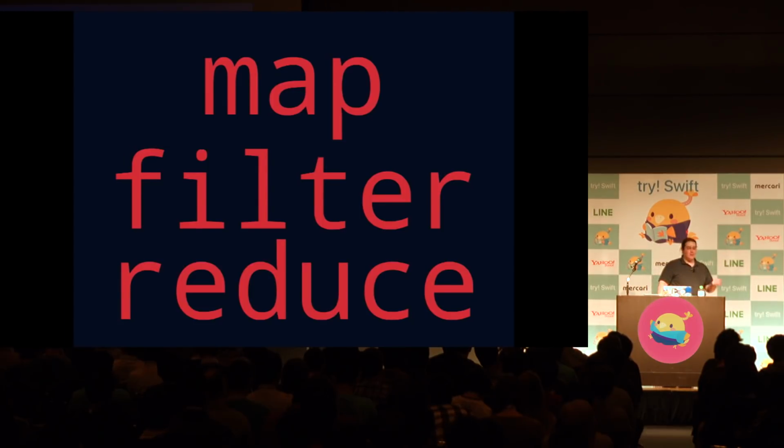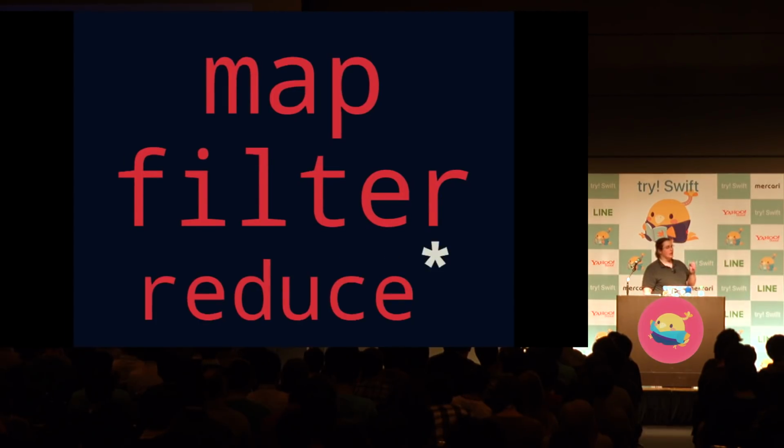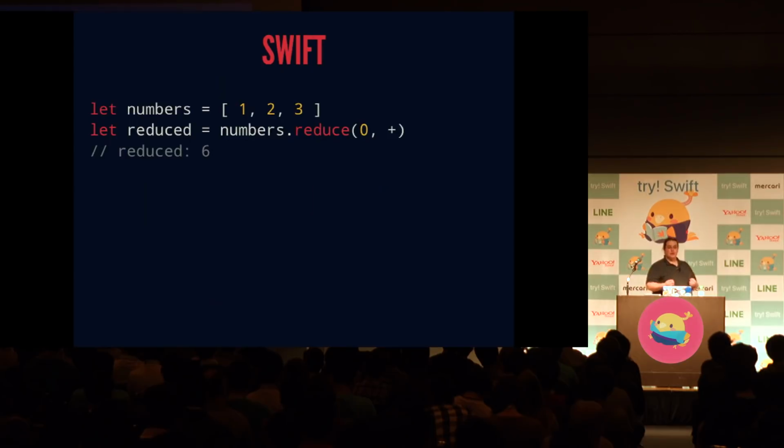Reduce is somewhat similar, but there is a small, kind of annoying distinction where to get the exact same behavior in Kotlin as you have in Swift, you have to use a different function. So in Swift, when you reduce the contents of a collection, it applies whatever function is passed in by taking the accumulator, which is the start value, which is passed in as the first parameter of the reduce operator.